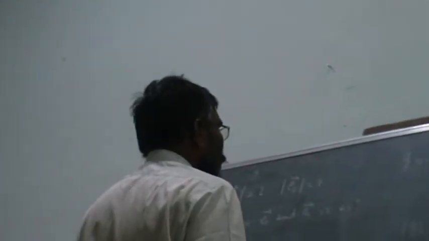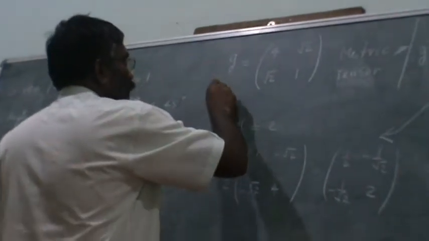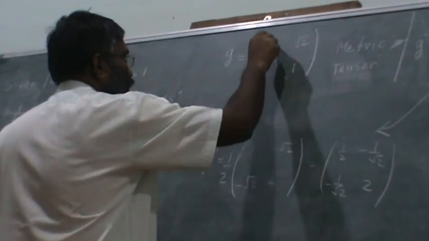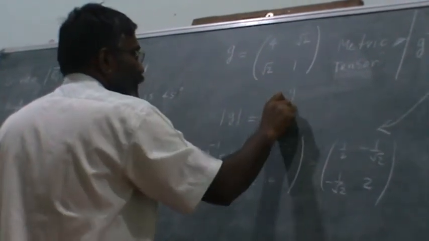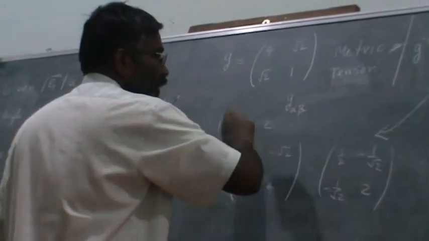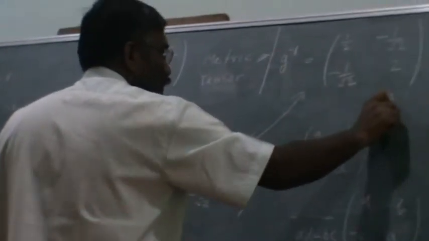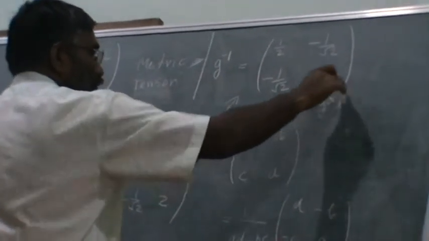Usually we denote these components as G alpha beta, and these components as G alpha beta.